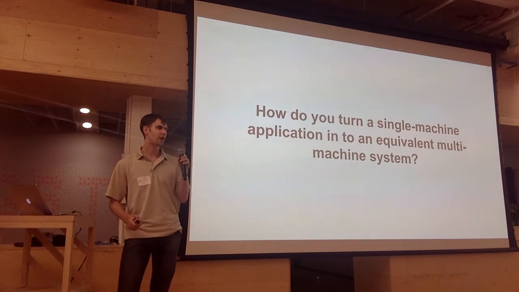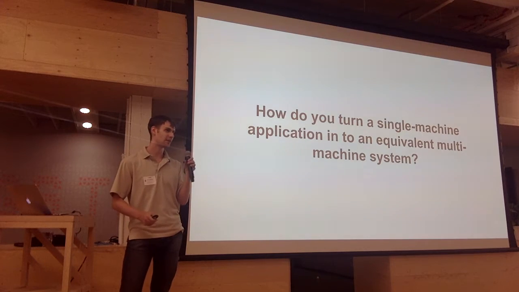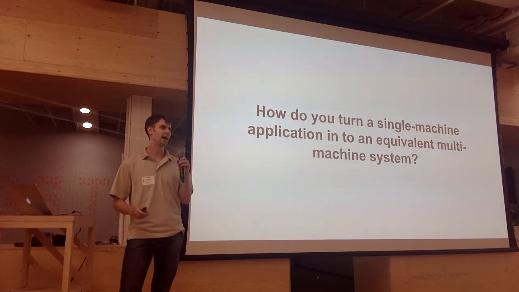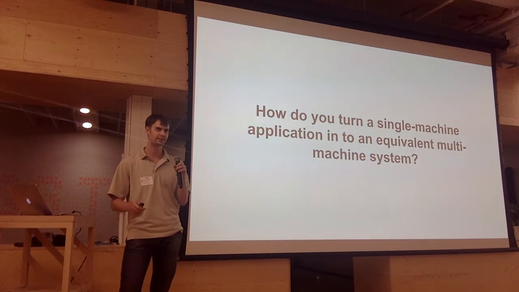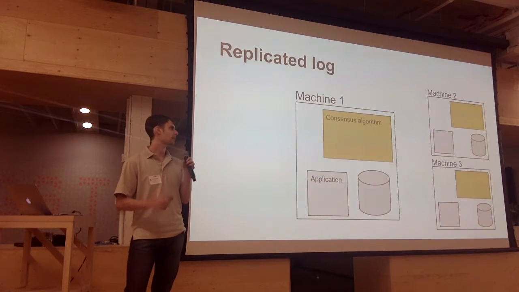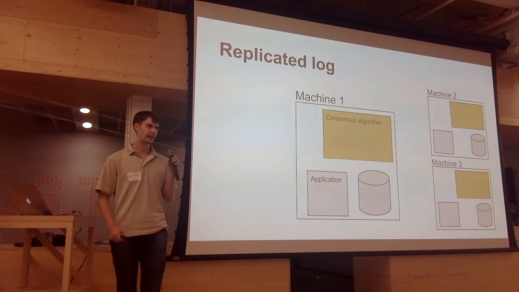So the problem that Paxos can help you solve, and in general that we're trying to solve now, is you want to have your single machine application and take that and run it on multiple machines so that they could fail, but your application is still working overall. One of the ways that you can do that is with a replicated log.